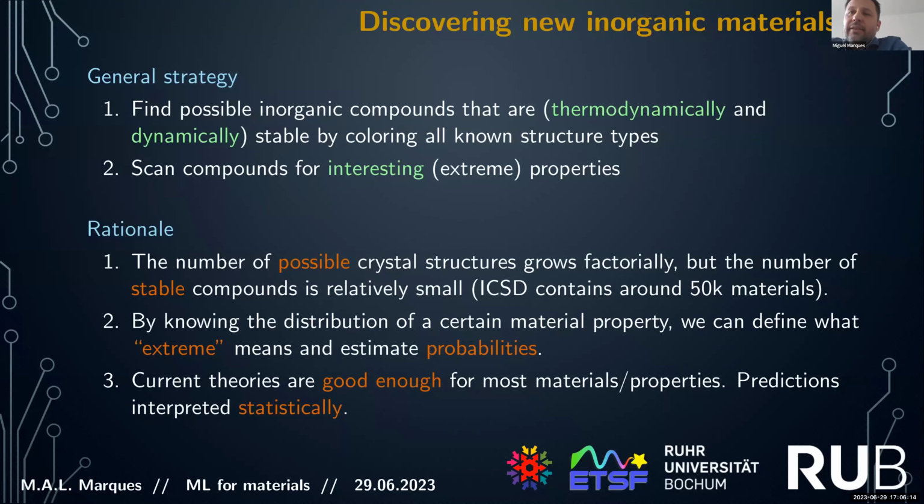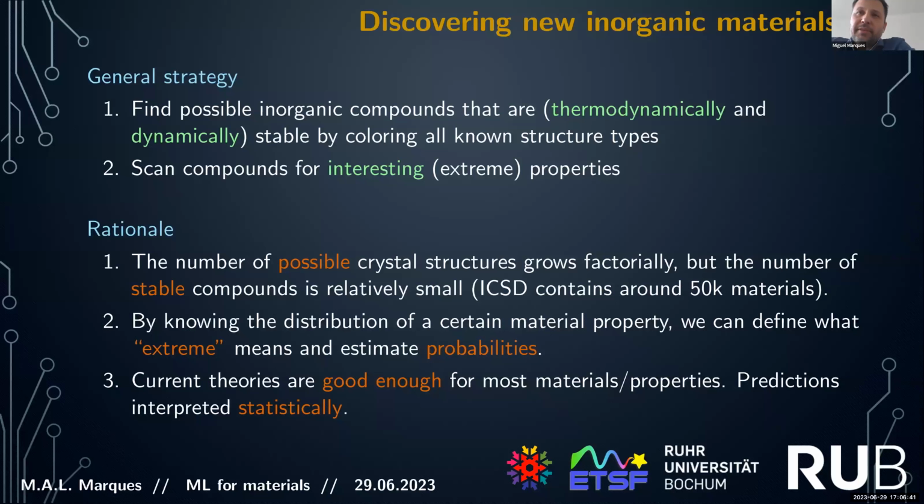If you look at the inorganic crystal database, it only has around 50,000 materials. There are more than 200,000 entries, but the number of different inorganic materials in this database is not much larger than 50,000. 50,000 is a very small number when compared to the infinite number of possibilities.